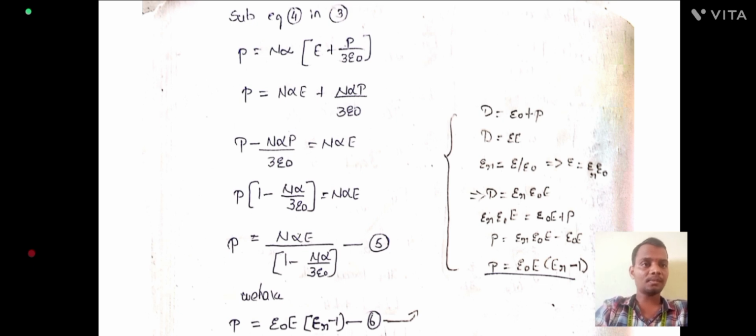D is equal to epsilon r epsilon naught E, where P is equal to epsilon r epsilon naught E minus epsilon naught E. That is the final equation: P is equal to epsilon naught E times epsilon r minus 1.